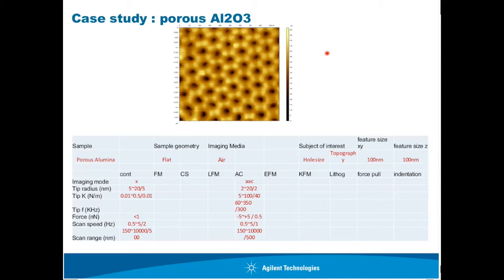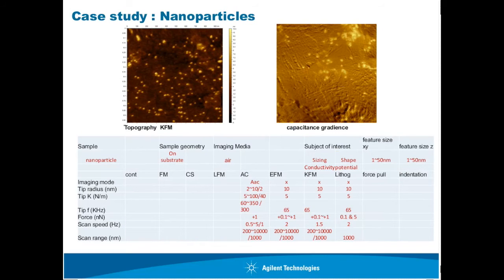All right. The next case, let's see, nanoparticles. When I say nanoparticles, it typically ranges from 1 nanometer to 50 nanometers here. A lot of times people give me a nanoparticle sample, and then I'll ask them what's the size of your particle.